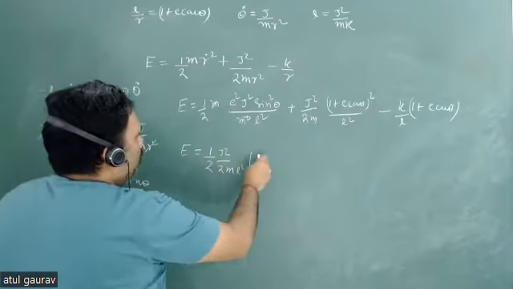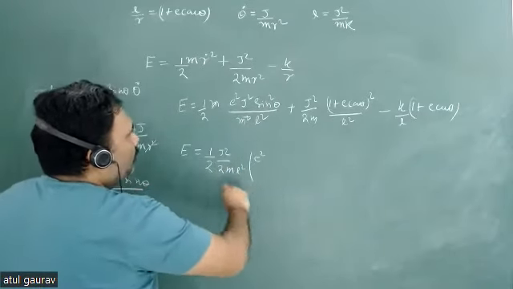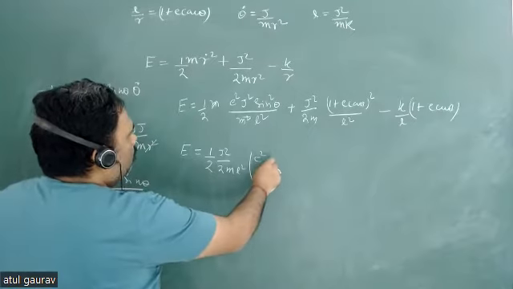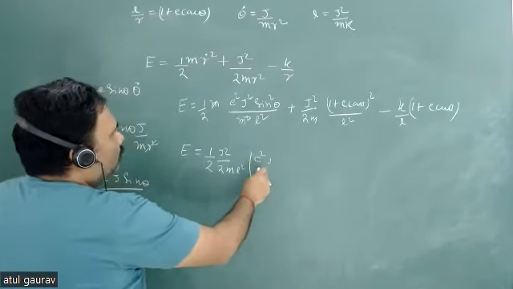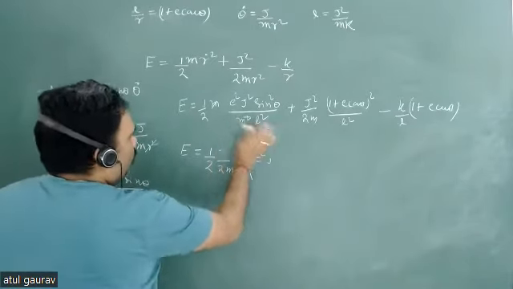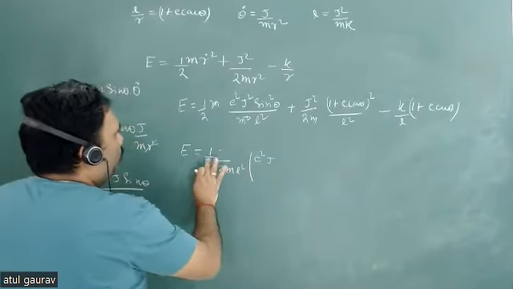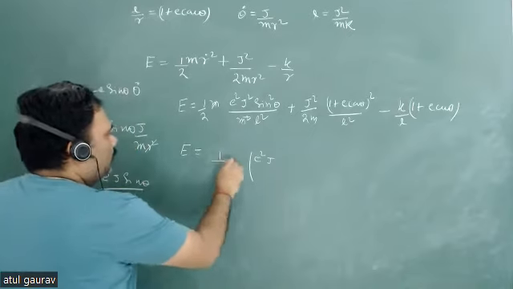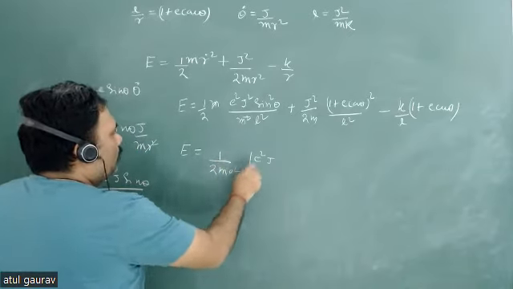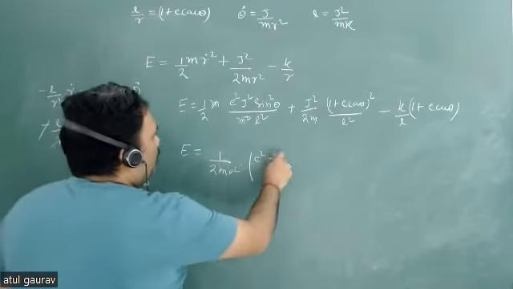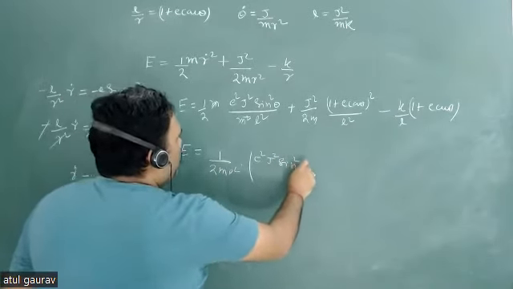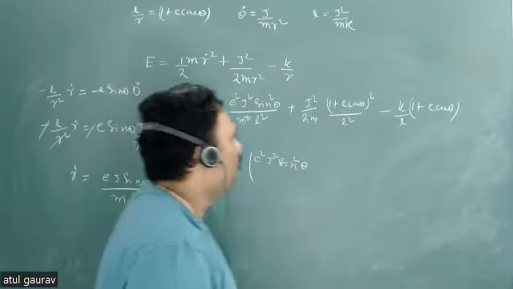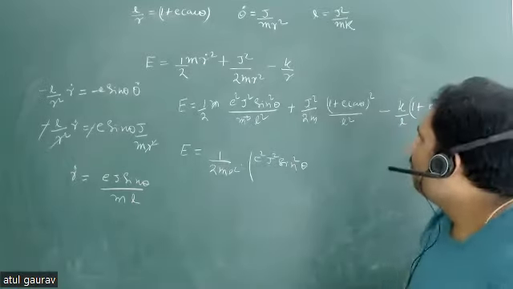व्हाट इज फर्स्ट इक्वेशन? फर्स्ट में क्या होगा? ई स्क्वायर, जे स्क्वायर भी रहने देता है ना. सो आई कैन टेक half ml square common. Sorry. So I am just taking half ml square common. So this is e square j square sin square theta. First term is okay, आपके लिए ठीक है.